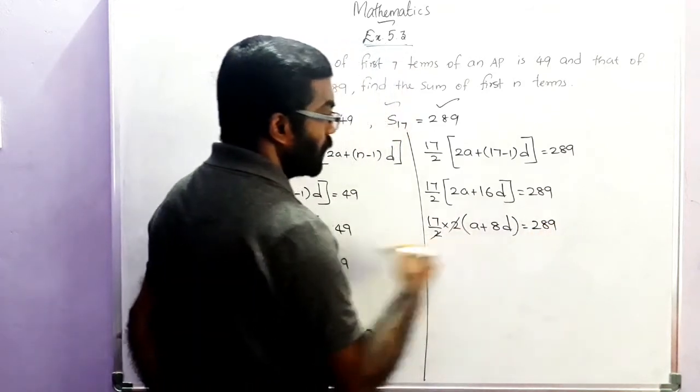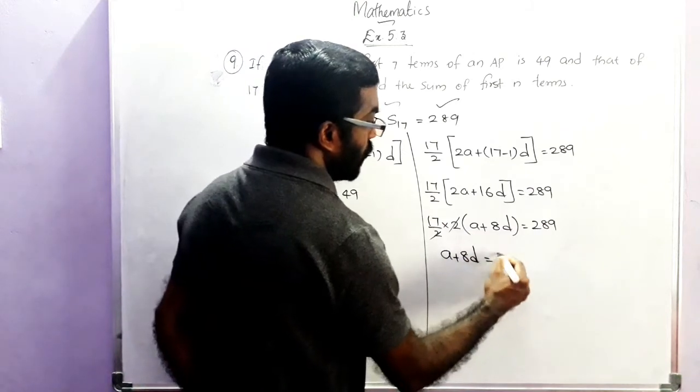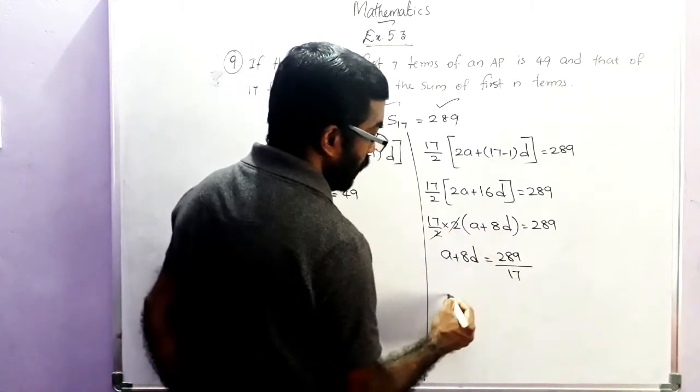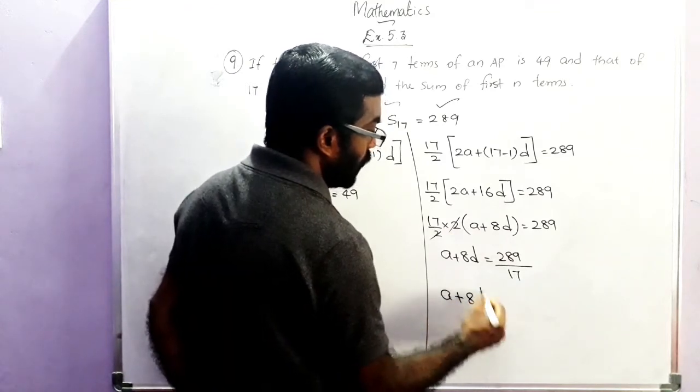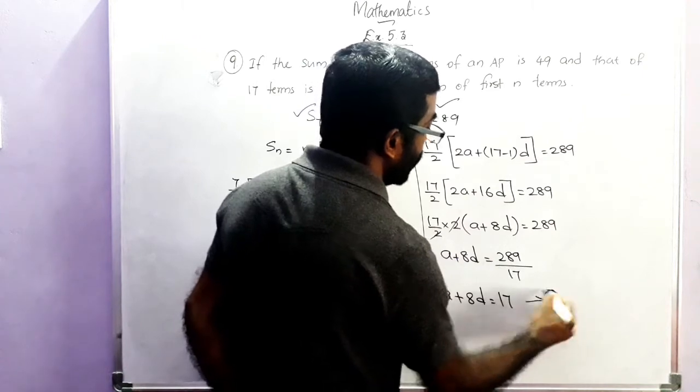This 2 we can cancel. That is a plus 8d is equal to 289 divided by this 17. That is a plus 8d is equal to 17. Take it as equation number 2.